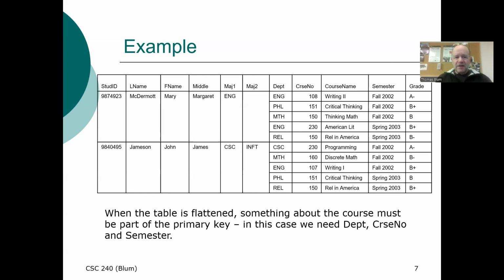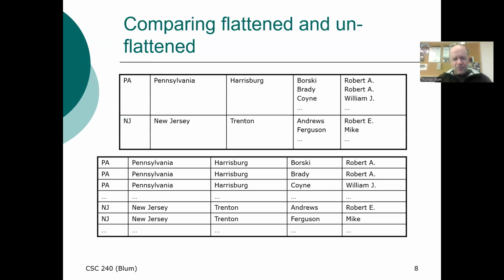So let's take this example. We'll go back to the example that we just looked at in a minute, but here's some transcript data. I have a student, Mary Margaret, who's taken a number of courses, and John James, who's also taken a number of courses. Then I flatten the field, and so I repeat Mary Margaret many times and John James many times. Do I have a key yet?